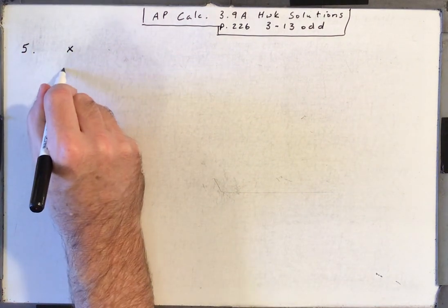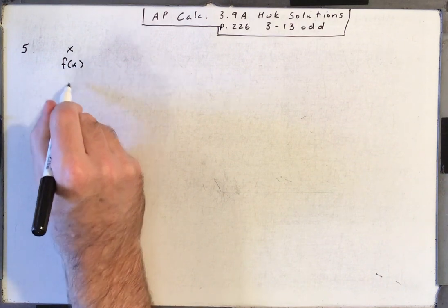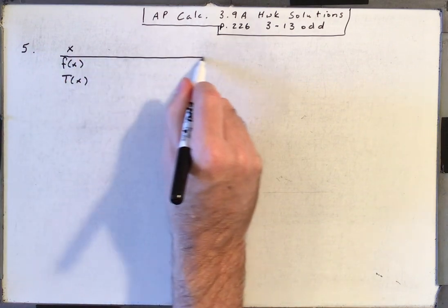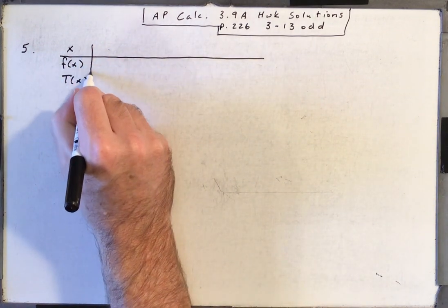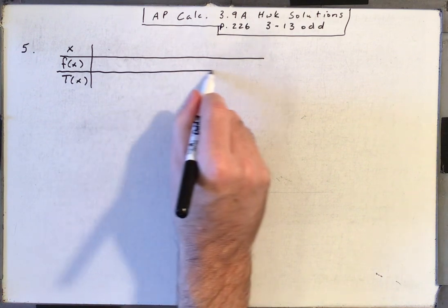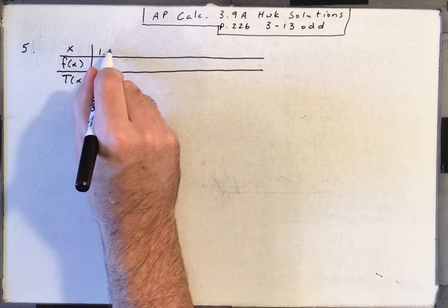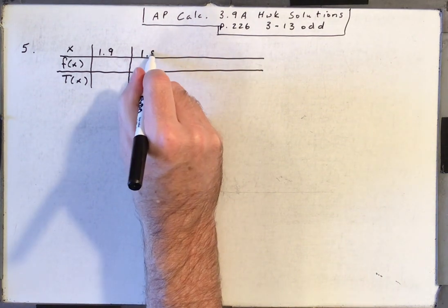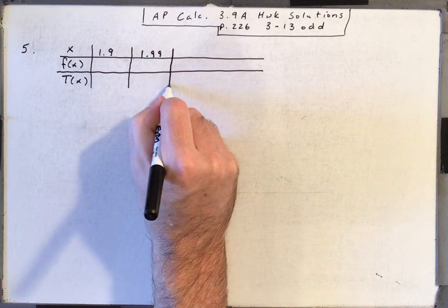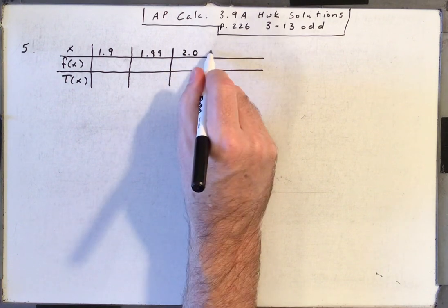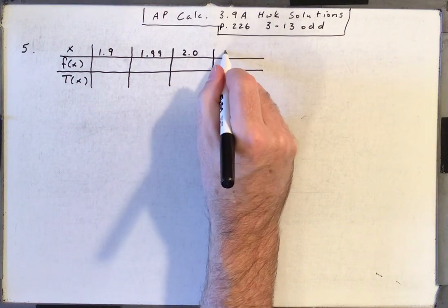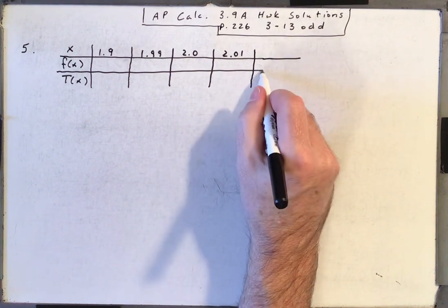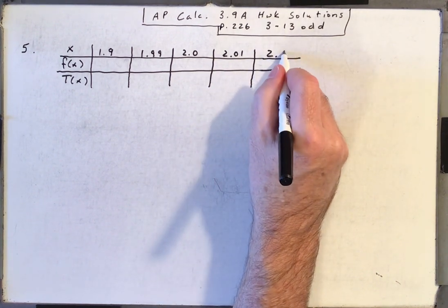So again, we have f of x, and then t of x. So it's the same numbers: 1.9, 1.99, 2.0, 2.01, and 2.1.